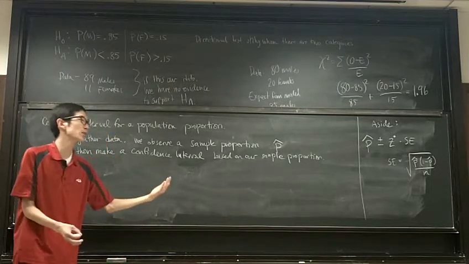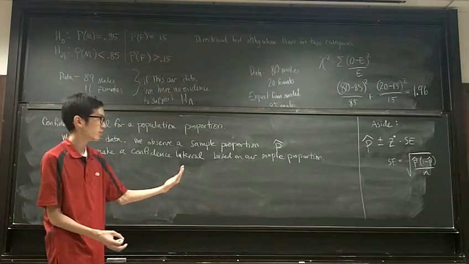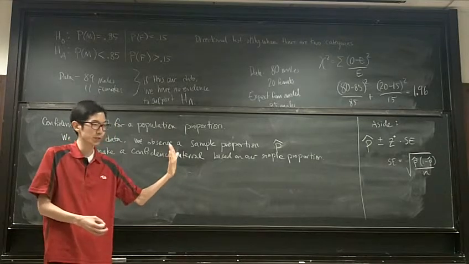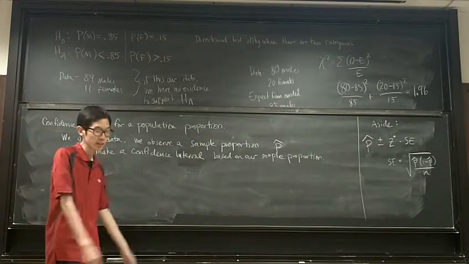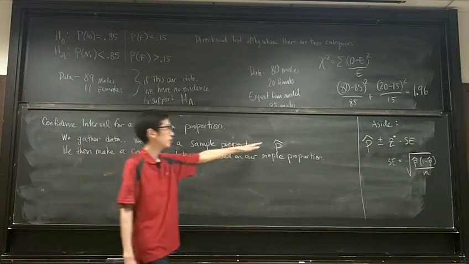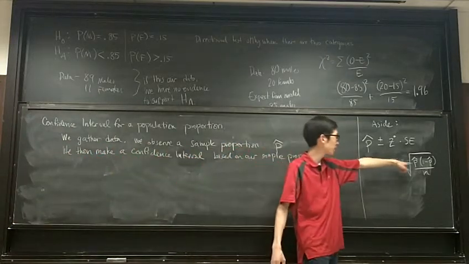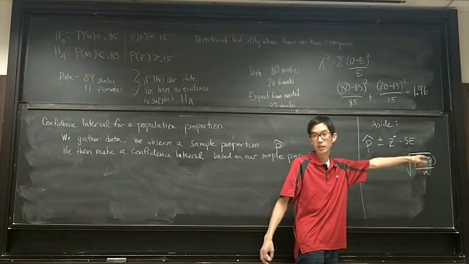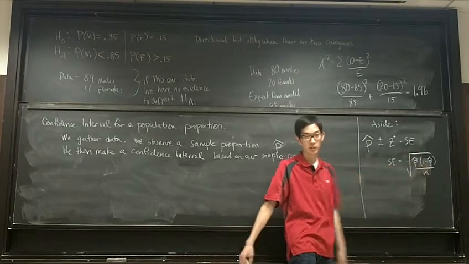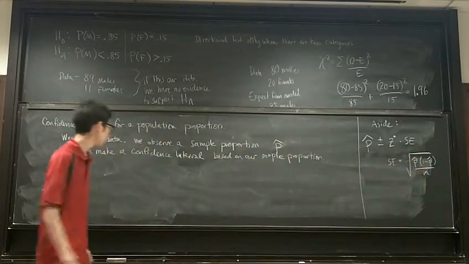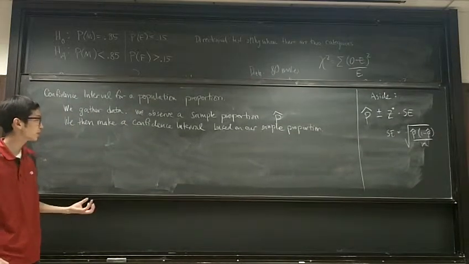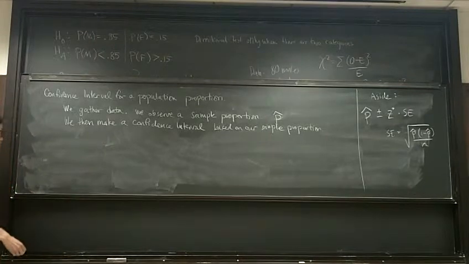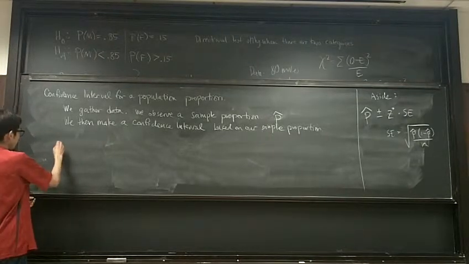There's clearly more than 0% of the population that has whatever condition you're looking for. The same thing happens if the proportion is extremely high, close to 100%. Your p hat would be 100%, but then your standard error, when you do 1 minus p hat, ends up zeroing out. So the book takes care of this problem by using something called the Wilson adjusted proportion.